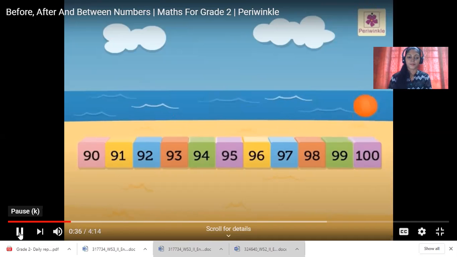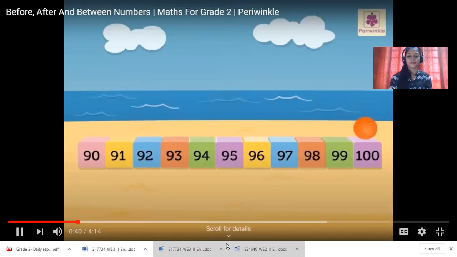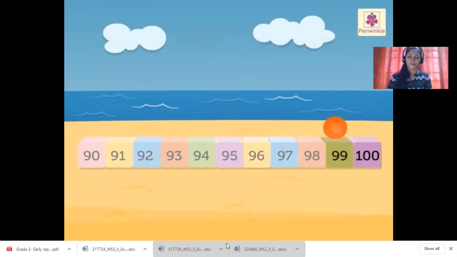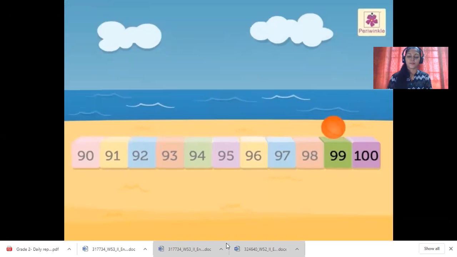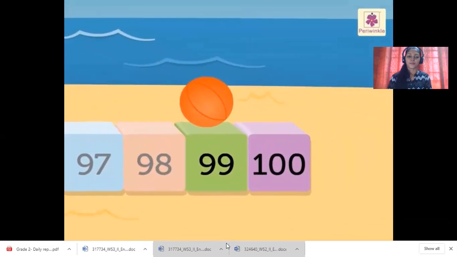Look, the ball is on number 100. Which number comes before 100? 99. Do you know? Numbers that come before a given number are also called predecessors. Here, the number 99 is a predecessor.